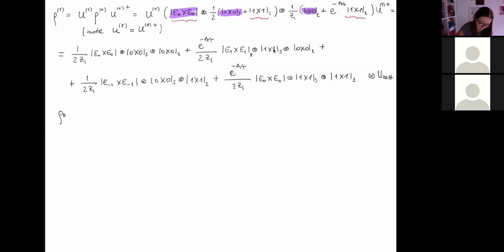So to understand this further, let us look at the reduced state of the battery and the system qubit S after application of this first unitary. So what are we left with here if we take the reduced state of the battery and the system?